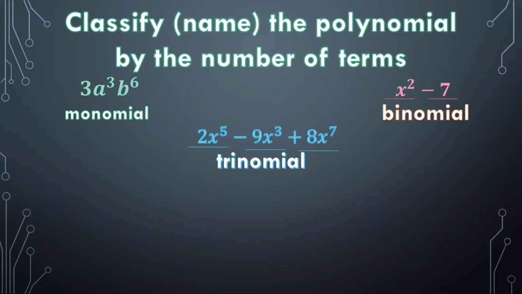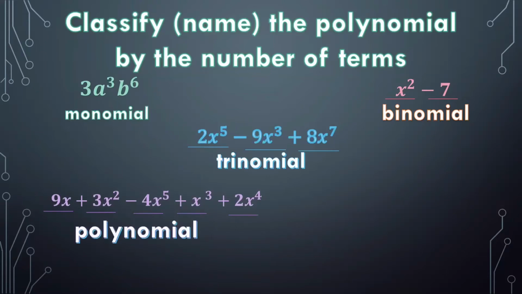Now, there are a lot of plus and minus signs here. So what I like to do is underline each term that is being separated. So right now I have 3, 4, 5. Remember, anything that is 4 or more is simply a polynomial.